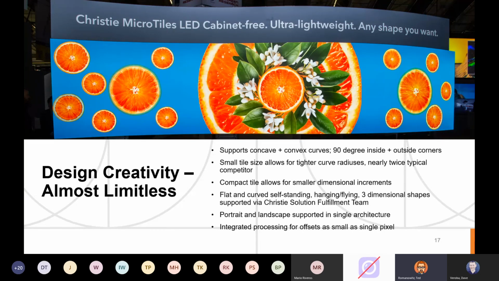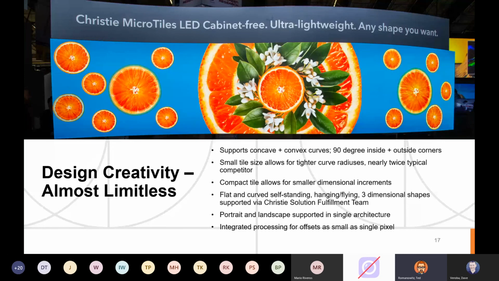So it's about half of the diagonal and about a quarter the size of a typical LED cabinet out there in the industry today. So what this means is you can have much, much tighter radiuses, and I'll talk about that. The small size also allows for smaller dimensional increases. Like if you need to fit a very specific space, because the tiles are smaller, you can fit a larger proportion of the space that you're trying to fill.